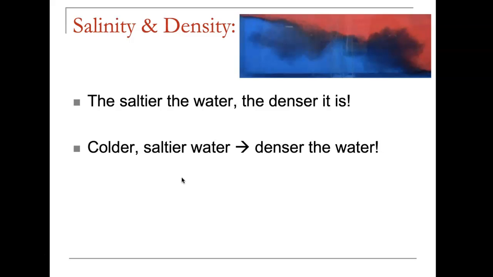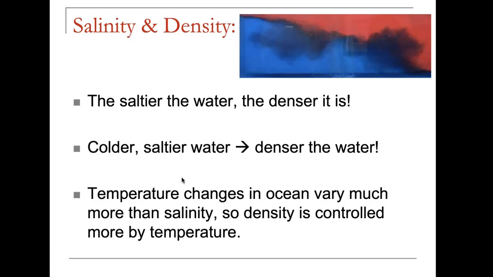The colder the water, the denser it is. Remember from our previous lecture, that's because as water gets colder, not freezing yet, but approaching that freezing point, the water molecules are going to pack in tighter and tighter, and that's going to increase the density per a certain volume of water. So colder, saltier water is going to make denser water.